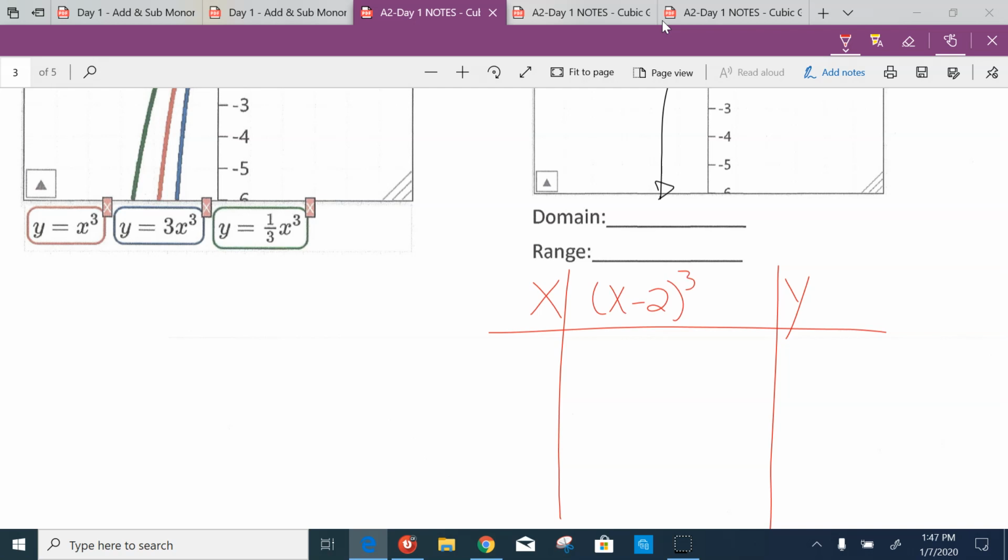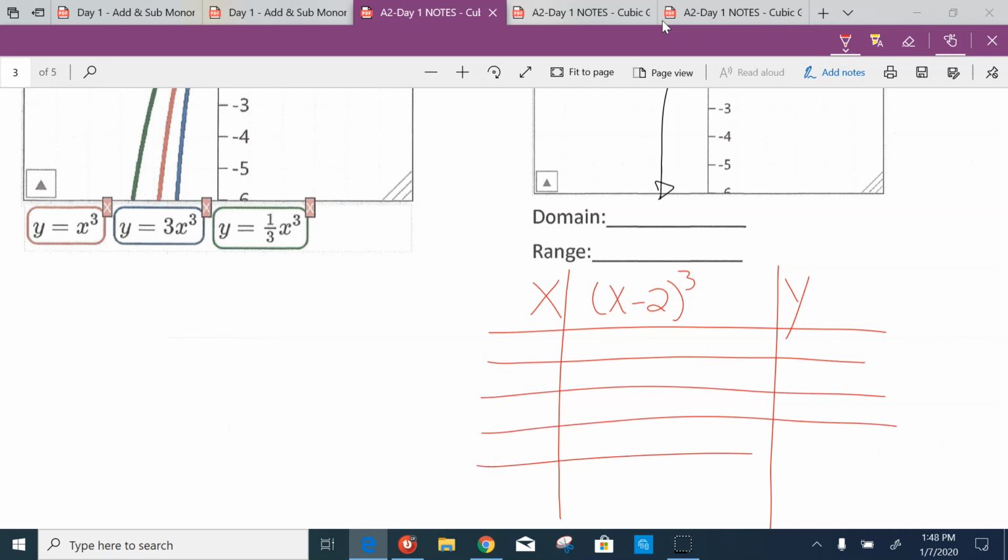So I'm going to pick some numbers. I will show you later on how to get really good numbers. Just use my examples for now. Because my graph has been moved over, I'm not going to pick a lot of negatives. I'm going to start with 0, 1, 2, 3, and 4.